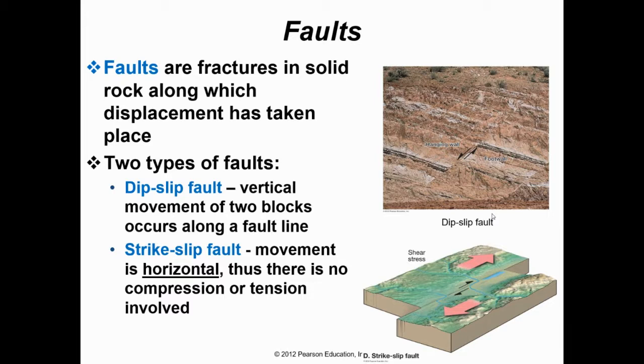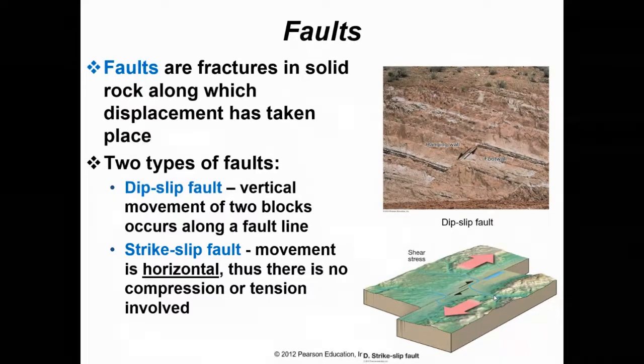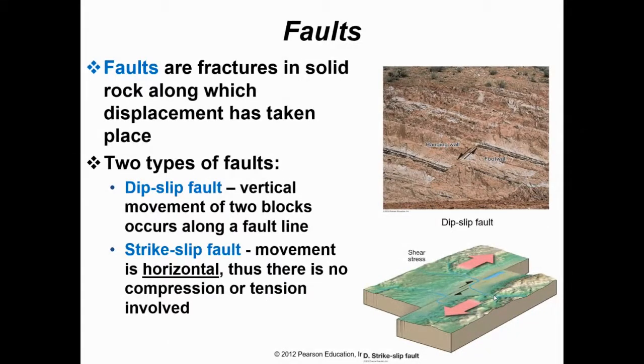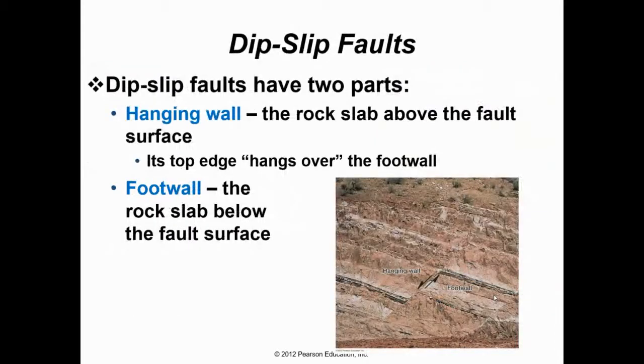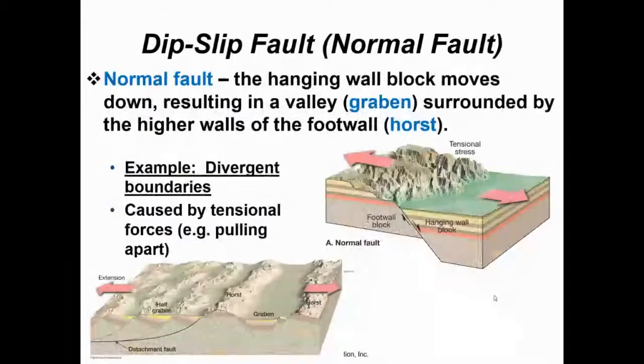The strike-slip fault is a transform fault where you have the two blocks of rock just sliding past each other. That means there's shear stress involved with this specific type of fault. That's the San Andreas fault example. I guess I already got ahead of myself on the two parts, the hanging wall and the foot wall.